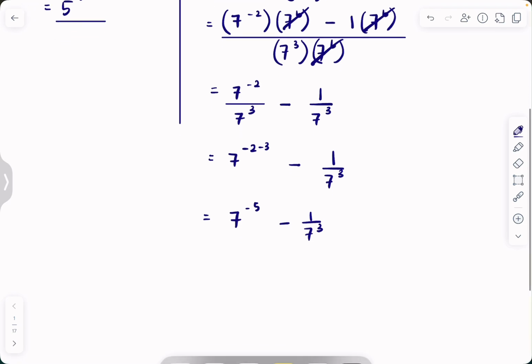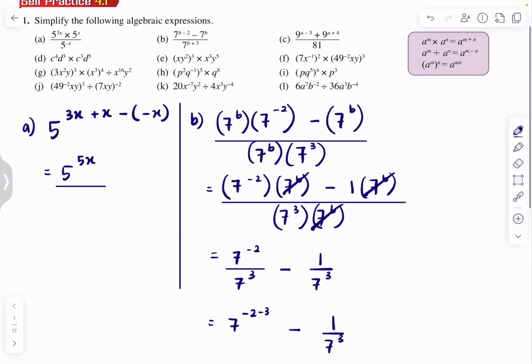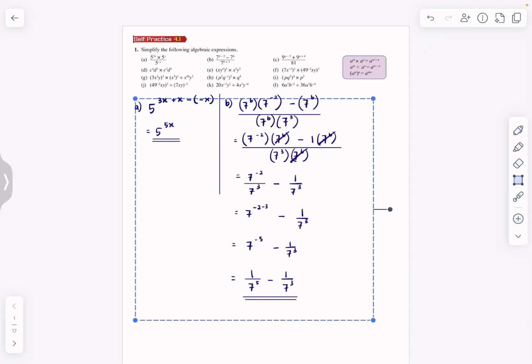If we have a negative power, we can write it as 1 over 7 power 5 minus 1 over 7 power 3. Done. Final answer. Let's delete all this.